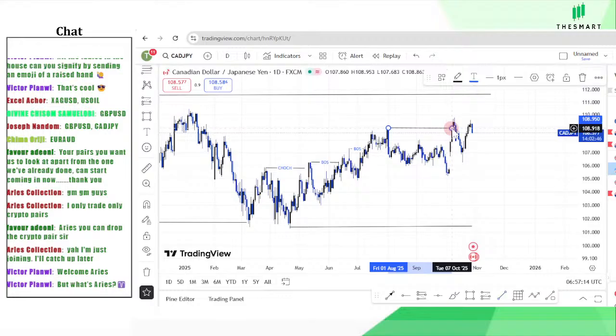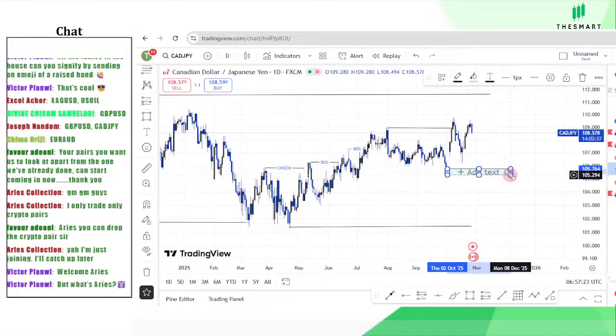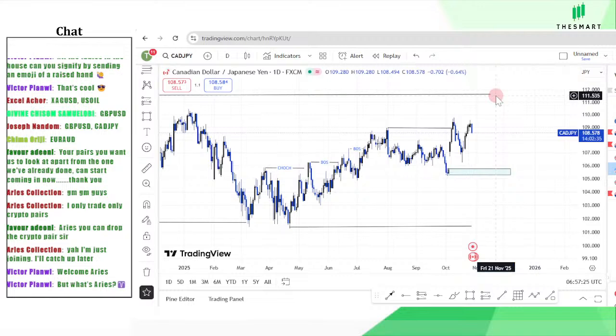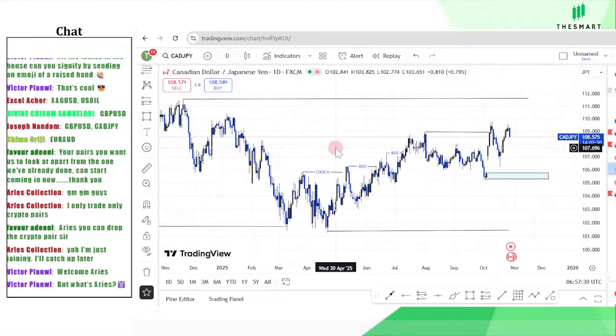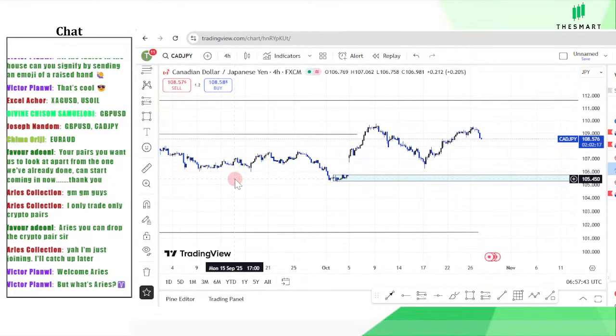Then we have this high taken out, leaving us with this zone here. So on the daily, this is similar to what we have on GBP JPY, but let's see this first high. Okay, this one is yet to be taken, but we already know that we want to see this price continue. So for this pair too, for CAD JPY, we are looking for bullish sentiment.